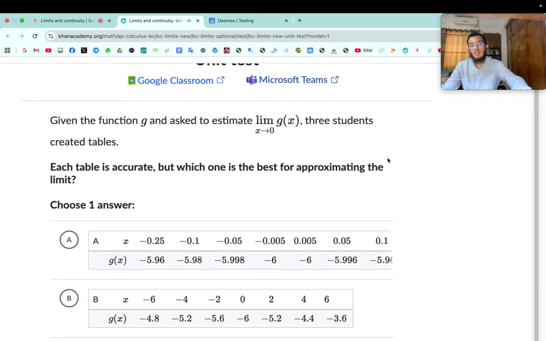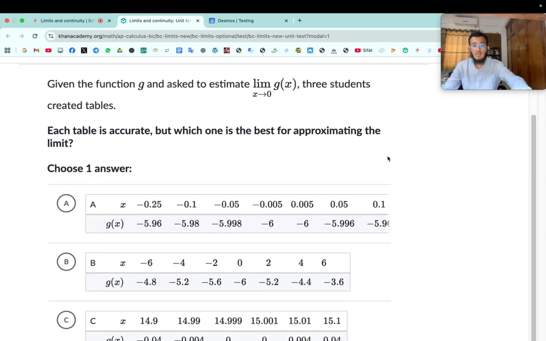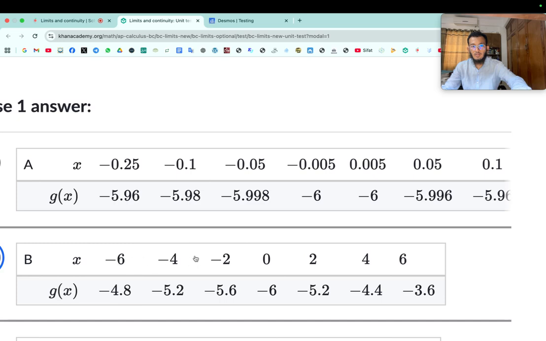Given the function g, three students created tables to estimate the limit of g as x tends to 0. Each table is accurate, but which is the best for approximating the limit? We want to find the limit as x tends to 0. Here the difference between x values is constant, which we don't want.